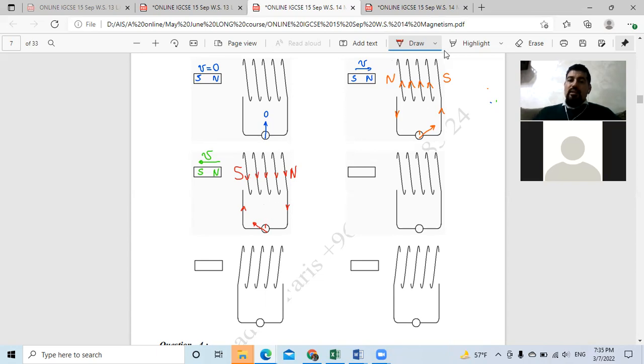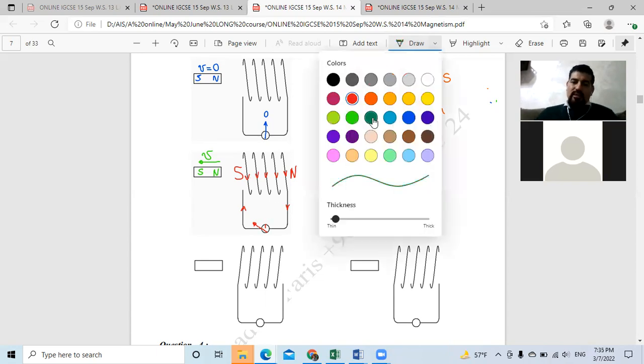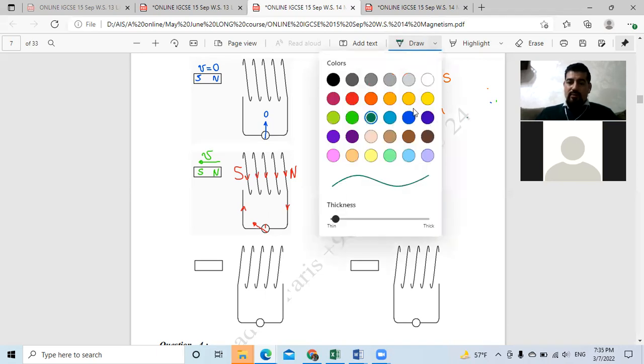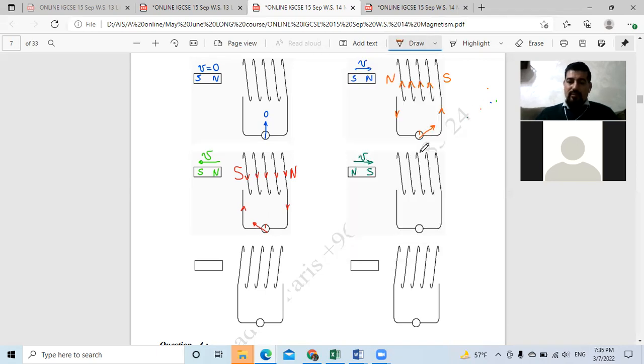Again, let's imagine that I'm not talking about north, I'm talking about south. And this is the north, and I'm getting the north closer to this solenoid. That means this side of the solenoid will become north or south? South is getting closer. That means this side becomes south. Yes, exactly. And the other side becomes north.